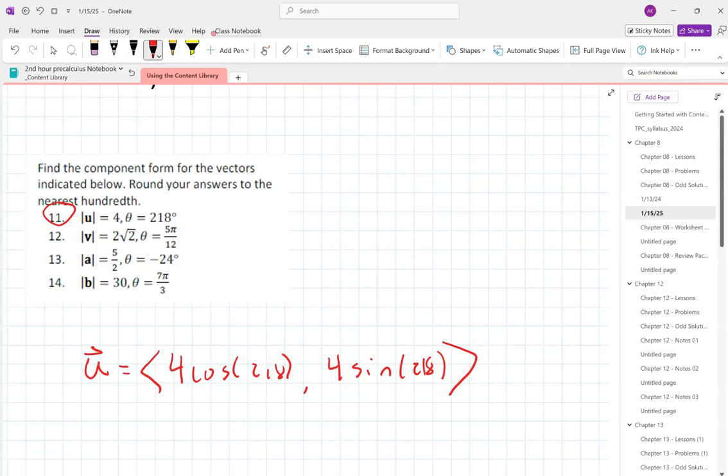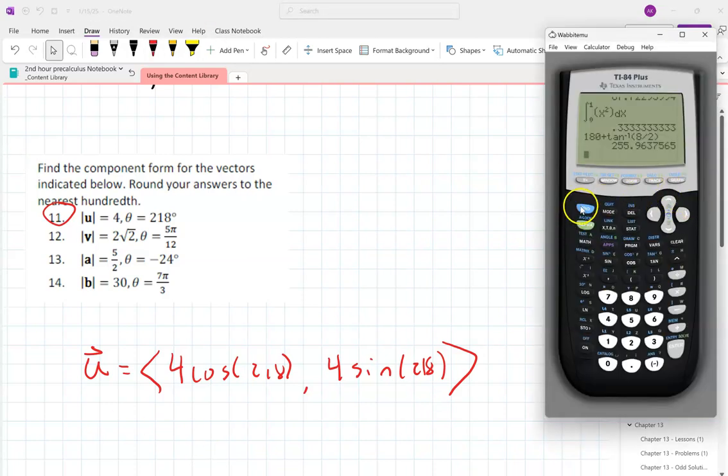And then it's just calculator time. The only thing to remember is that cosine goes with the x, sine goes with the y, but that should be easy to remember because it's the same as the unit circle. On the unit circle, cosine is x and sine is y. So same idea here. No big deal. Super quick.